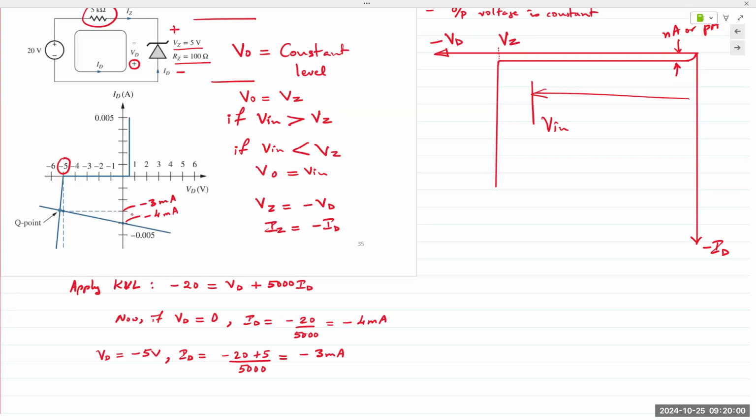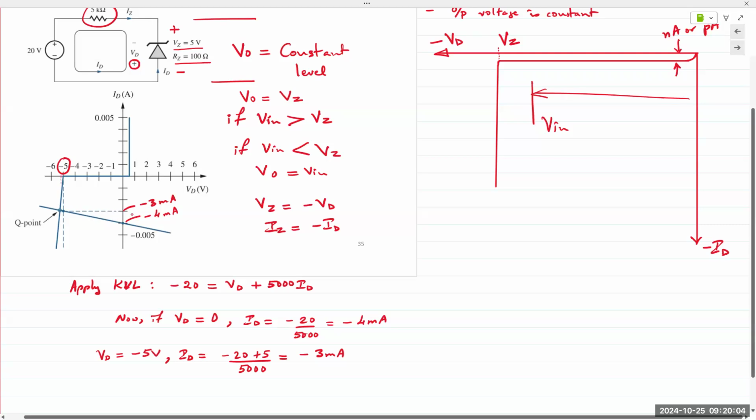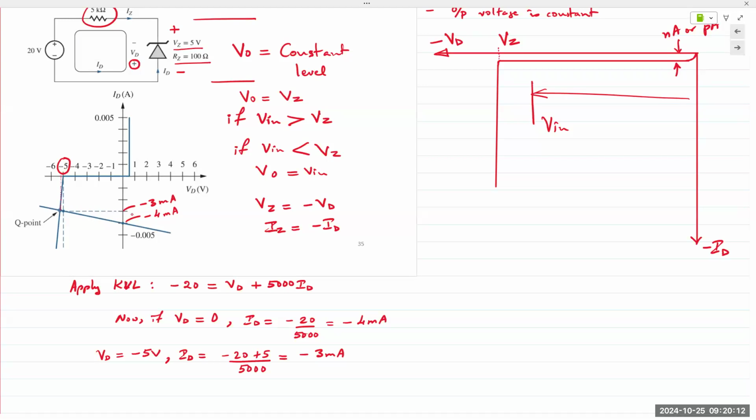So if we see here, the voltage, of course, is slightly larger than 5 right here. And so we can say it's about 5.1, 5.2, maybe 5.3. If we have a better graph, we'd be able to have a more accurate value. For now, either 5.2 or 5.3 would both be valid values.